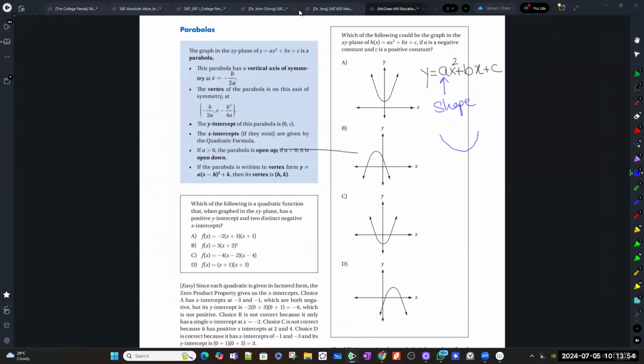It's a smiley face or a minimum curve when a is positive. It's a sad face or a maximum curve when a is negative. That is the sign with x squared, which is why a and c cannot happen if you did not use the Desmos app. But you're using the Desmos app, which is why you should know B is the answer.